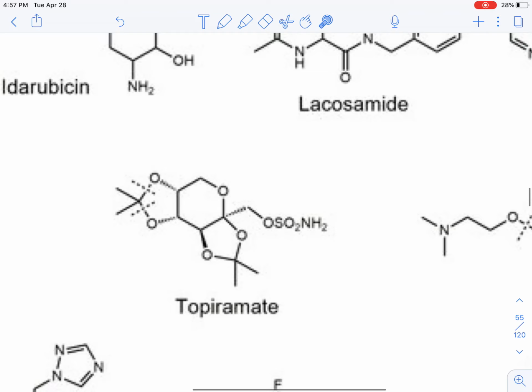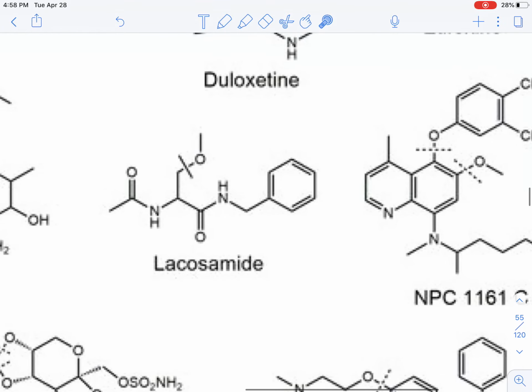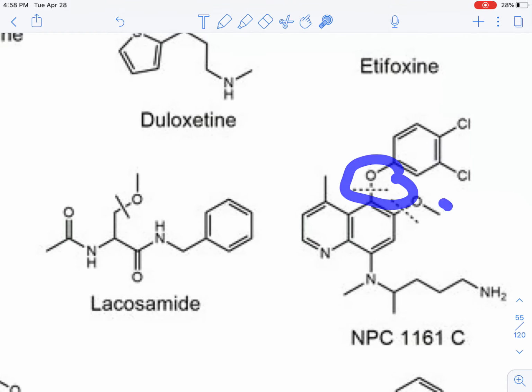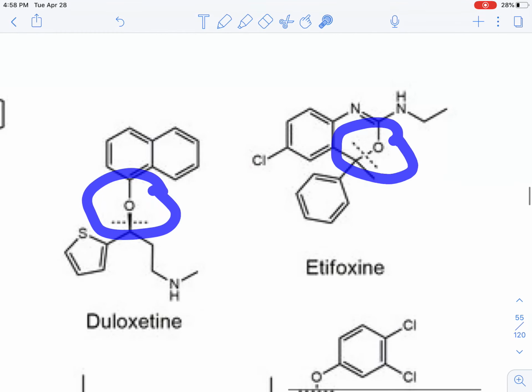And so if we are looking at this specific organic structure, there's a whole bunch of ethers just everywhere, right? Here we have an ether, here we have another ether, there's another ether over here, there's another ether over here.